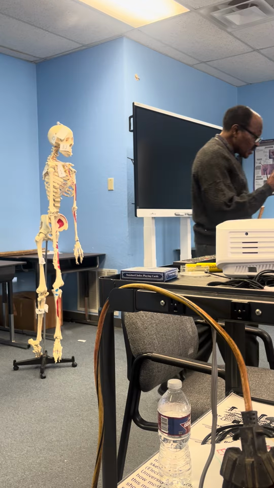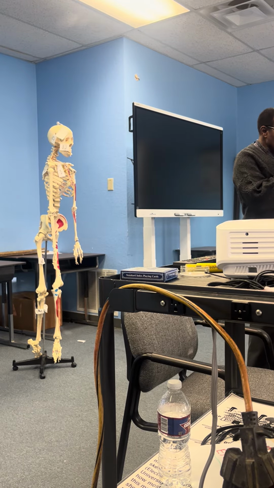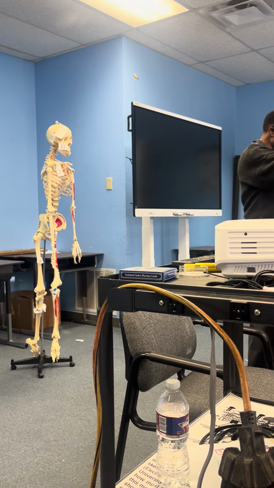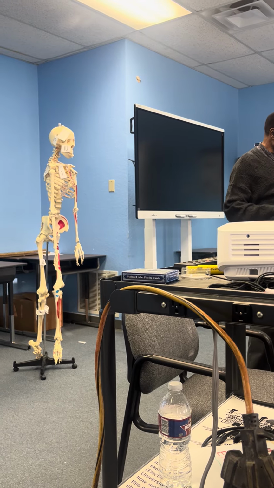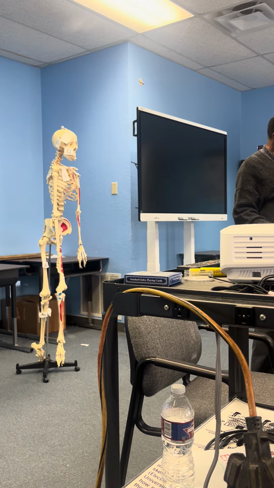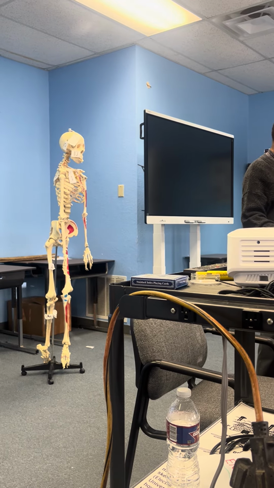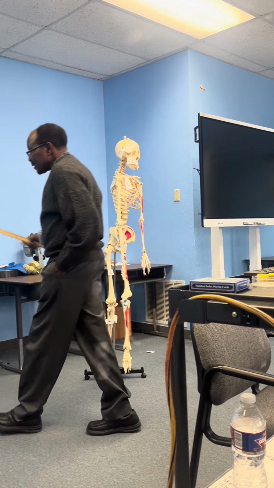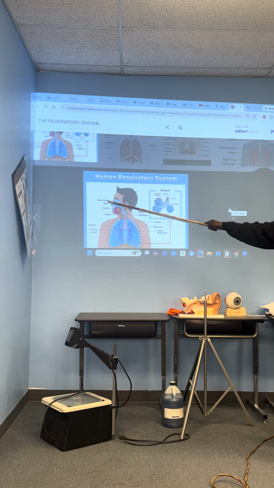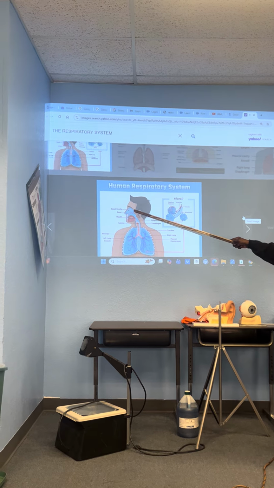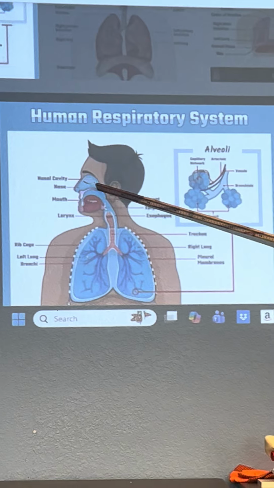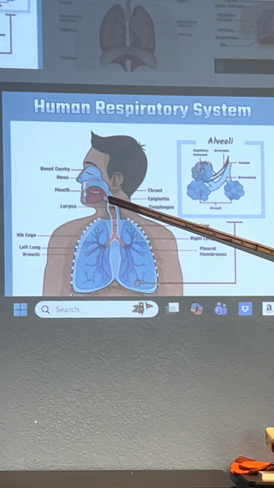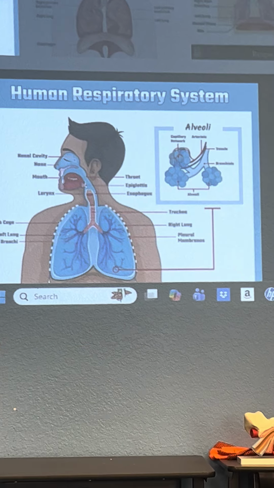Now, the nostrils are two here, but if you move ahead along the two tubes, they join into one single tube channel. And that is what they call the nasal cavity. This one here, the nasal cavity. So the nasal cavity will continue to this, which is the pharynx.